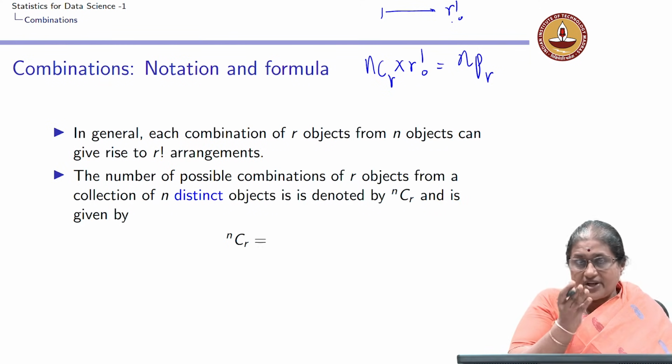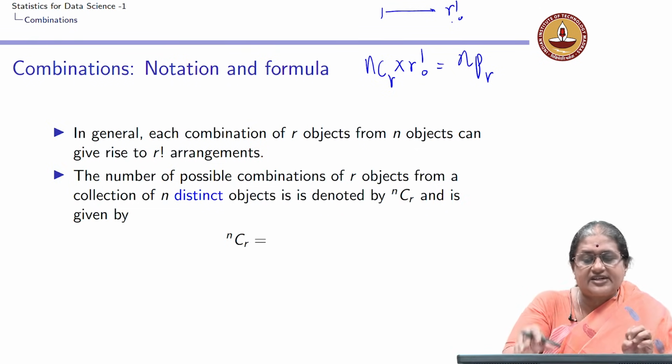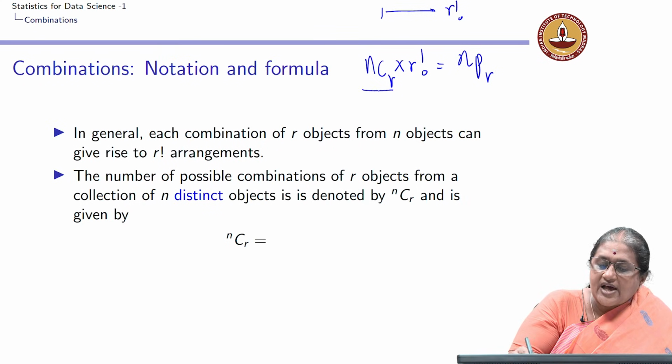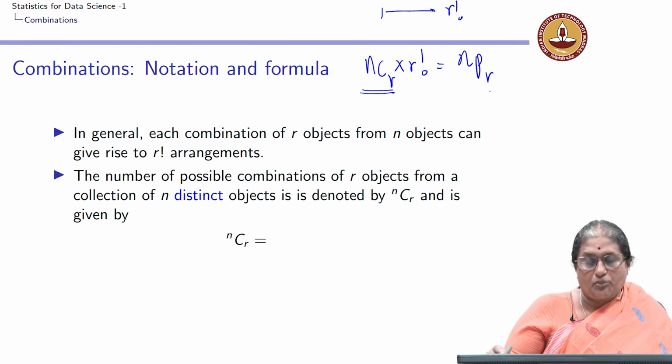Each combination has r objects, and these r objects among themselves can be arranged in r factorial ways. If I have 2 combinations, I will have 2 into r factorial. n choose r is the total number of combinations, so n choose r into r factorial is going to give me the total number of permutations possible.